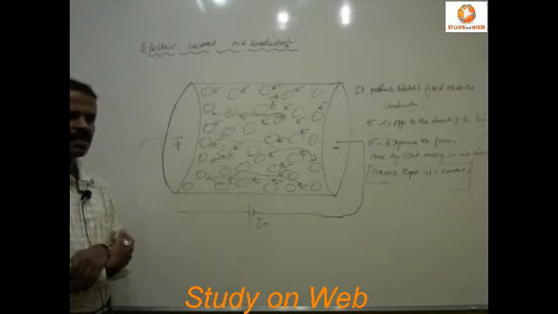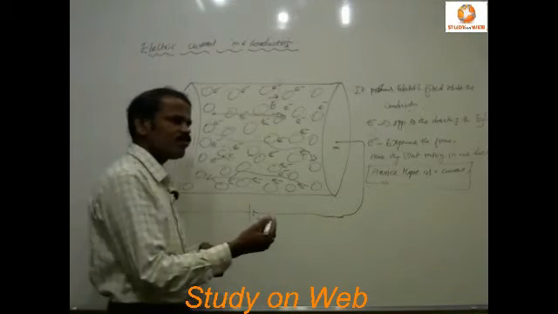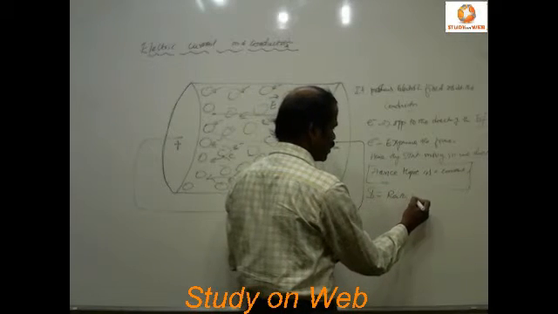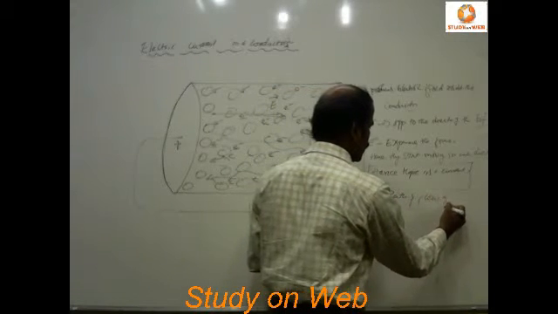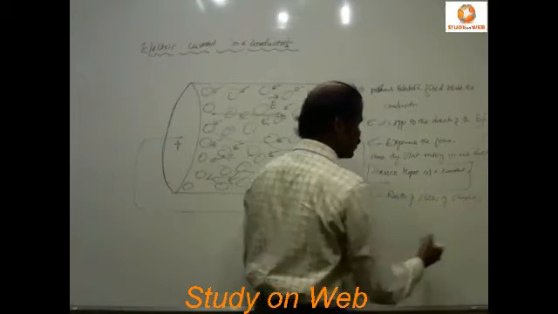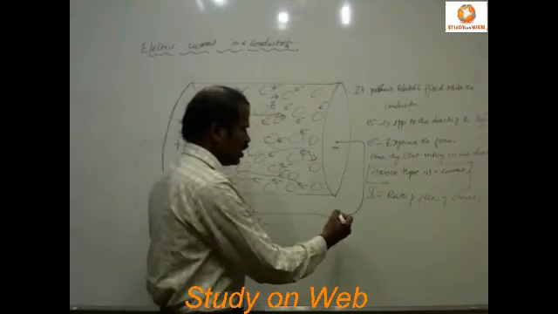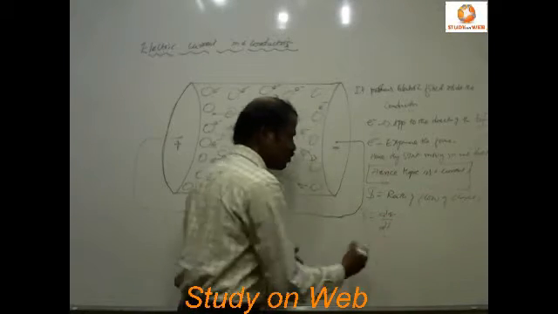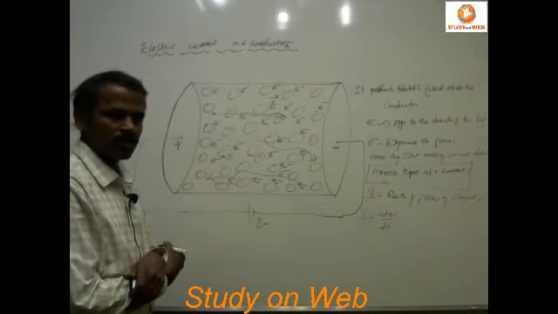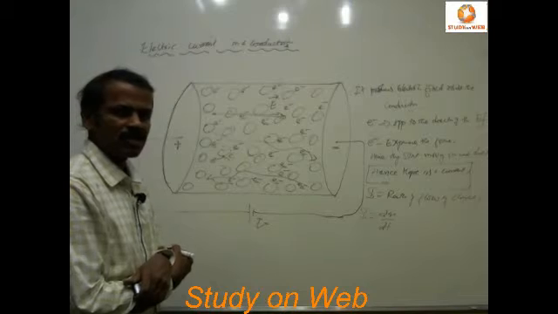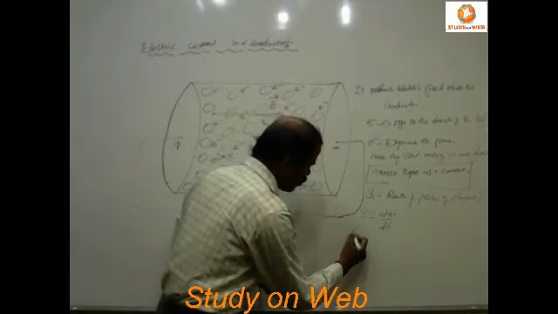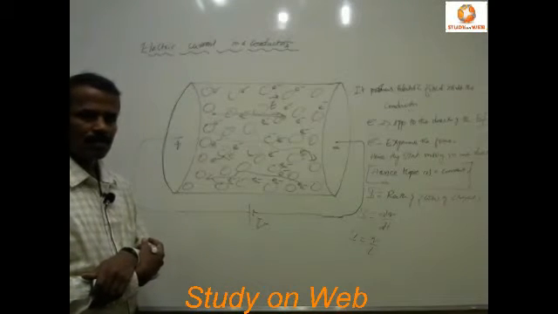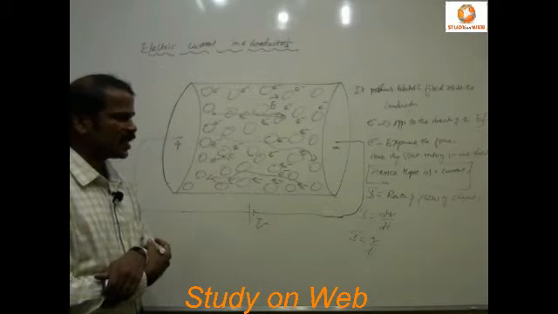Now, what is current? The current is the rate of flow of charges. That is, I is equal to dq by dt, rate of flow of charge, or I is equal to q by t if there is a steady current.